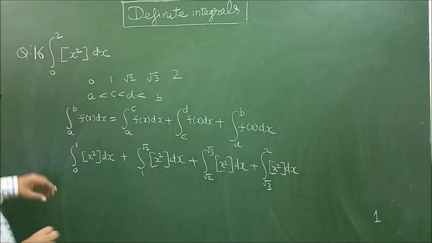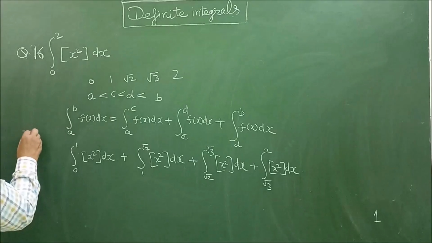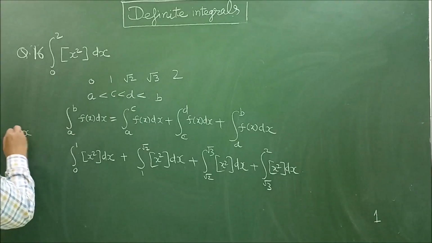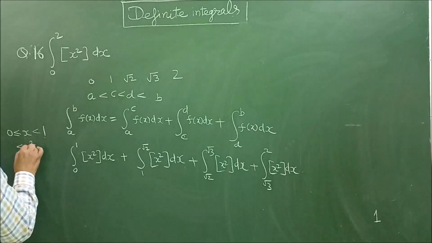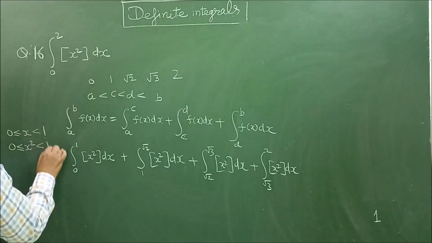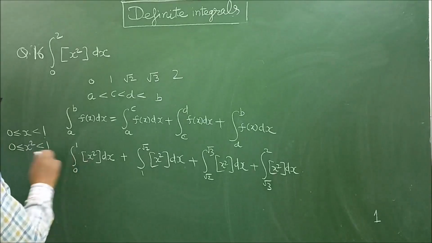Now if the value of x varies from 0 to 1, the value of x square will vary from 0 to 1, so the greatest integer x square will be equal to 0.